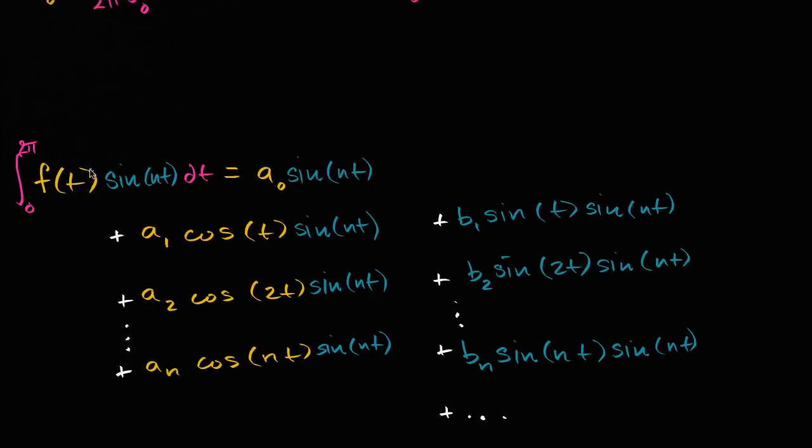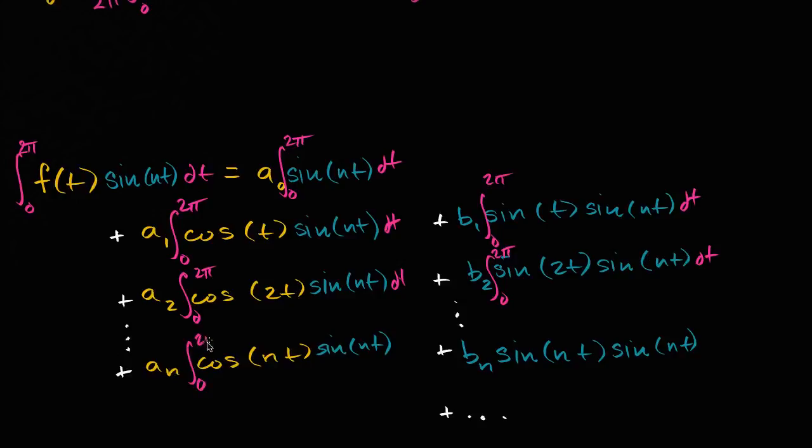And so if I take the integral of the right-hand side, the definite integral is going to be from 0 to 2 pi dt for each term. And I would be doing this for every term in this Fourier expansion.